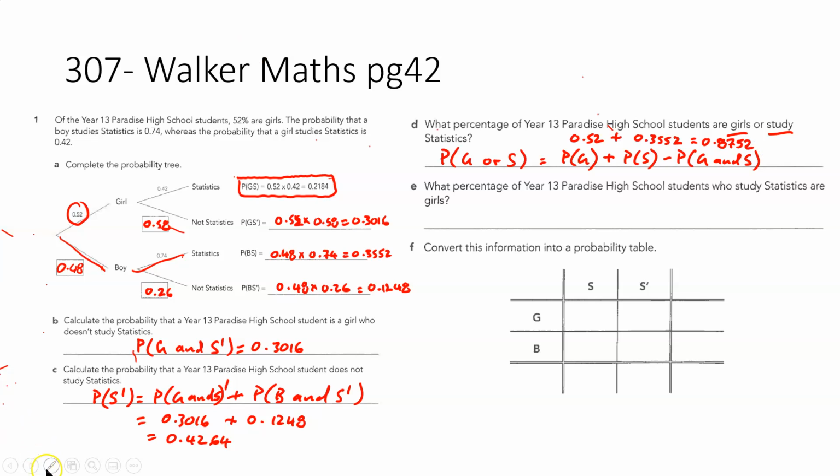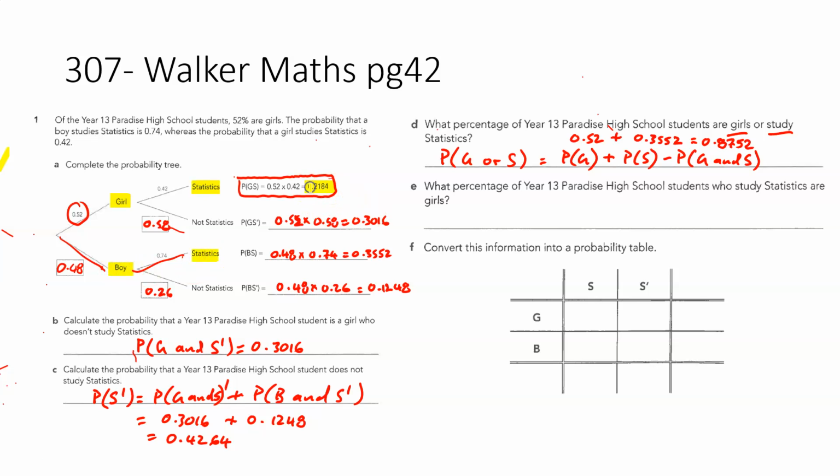Now, I'll just explain that a little bit because that could be confusing. The key thing is, hopefully you can see where the 52 came from. The second part is whether people study statistics or not, so that's the girls who study statistics and the boys who study statistics.